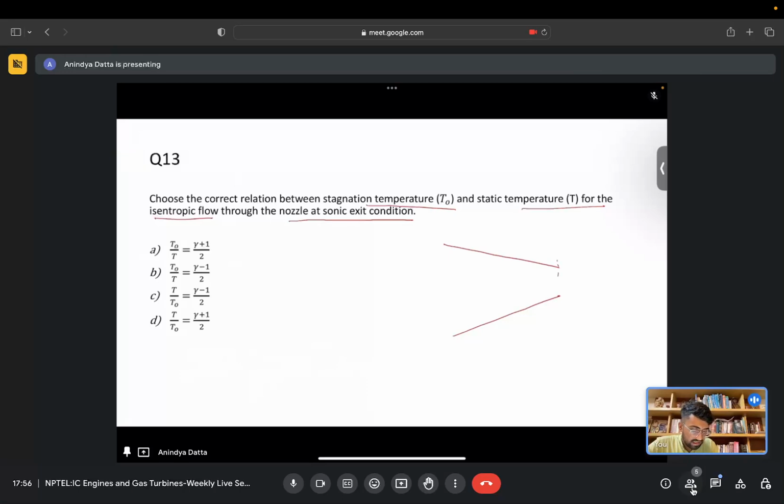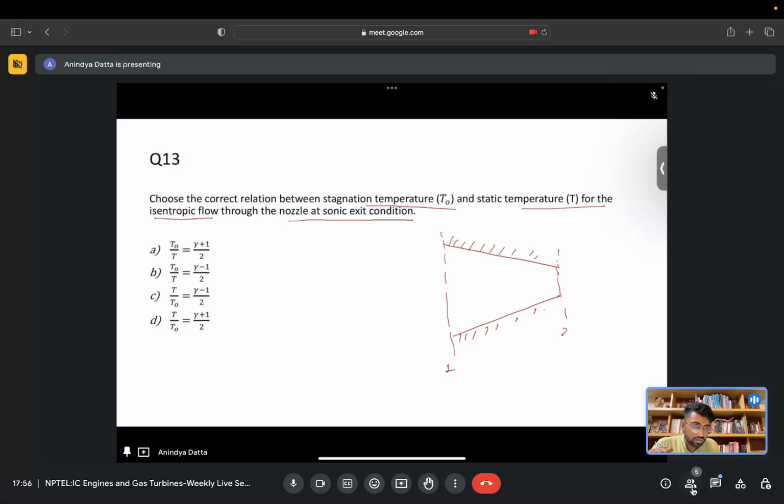It says that at the exit the flow is sonic, which means Mach number is equal to 1, which means the flow coming inside the nozzle is subsonic, so we need a converging area duct. That's why I'm drawing a converging area duct here. Let's say this is state 1 and this is state 2.